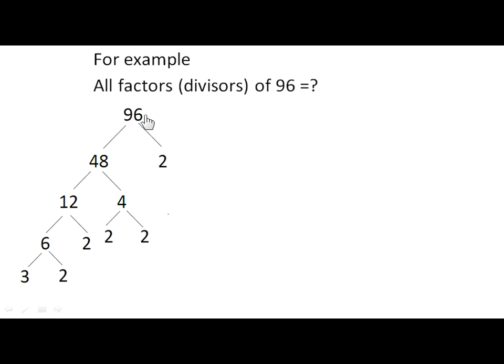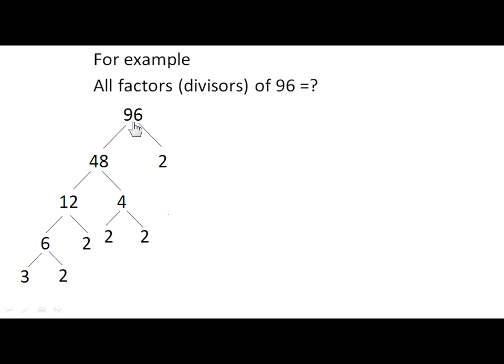So first we will write 96 as the product of two numbers, 48 and 2. We can do this in another way also. We can write 96 as 16 into 6. So there are various ways to proceed in this tree diagram.